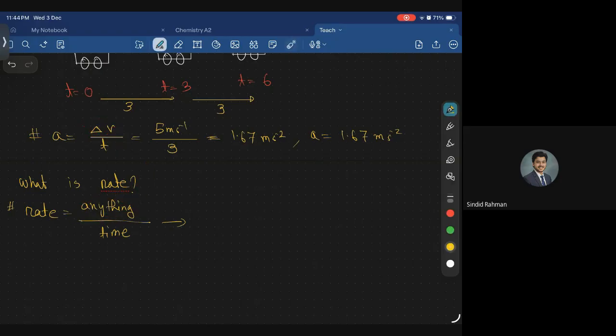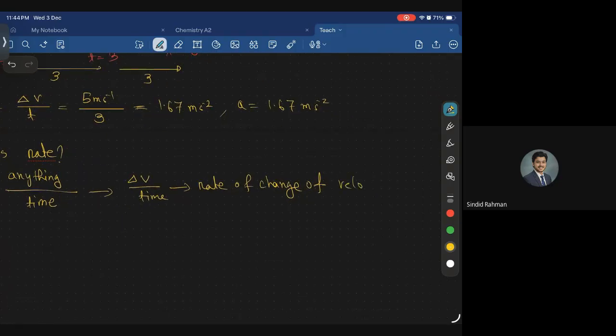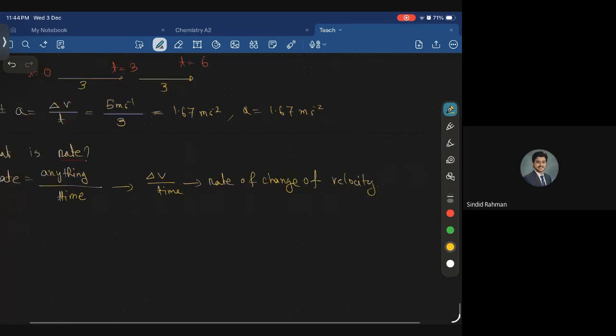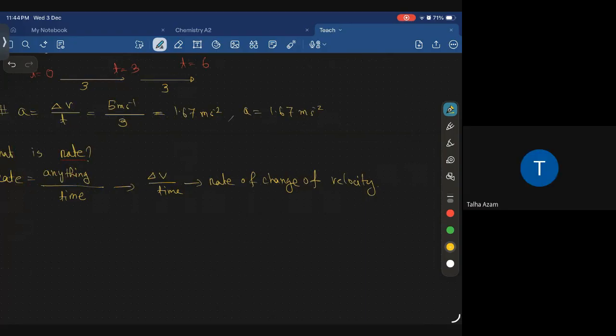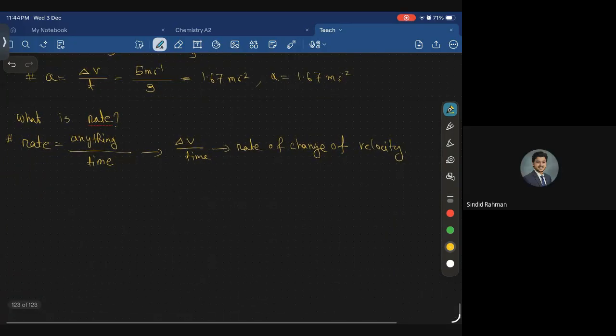So change in velocity divided by time would give me the rate of change of velocity. Clear? Yeah, clear.